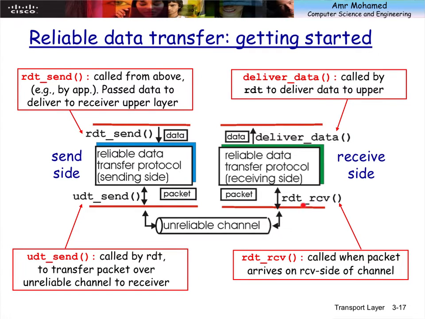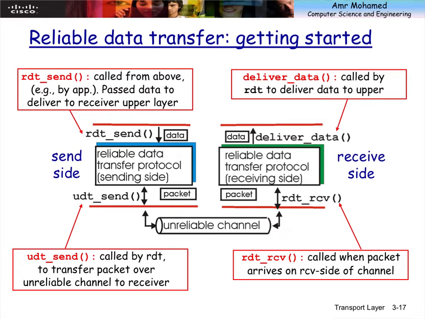So this is triggered by an event, and unreliable data transfer send is a function that I call when I finish this logic. So when I receive that trigger, I perform something here, and then I call this function to send it.